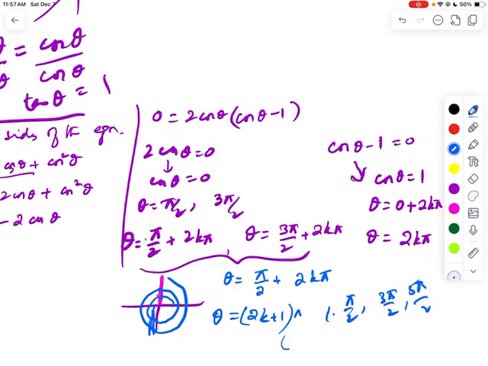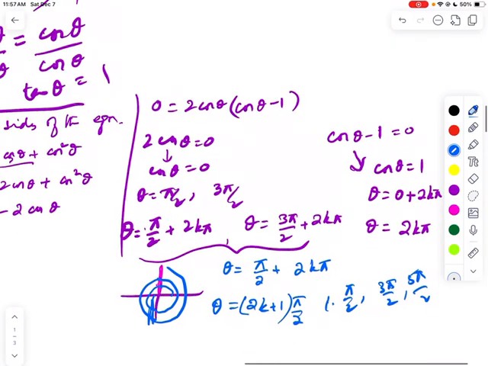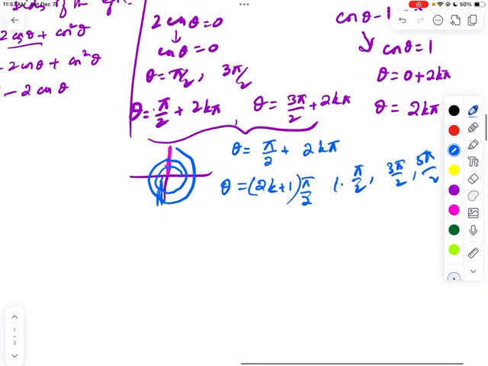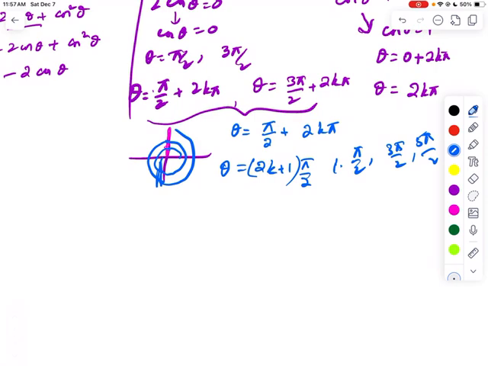What is 2k plus 1? This is an expression that denotes an odd integer. If you take any value for k, you will end up getting an odd number. Let me show you, for example, 2k plus 1. Now remember, in all these cases, k is equal to 0, plus minus 1, plus minus 2, and so on.